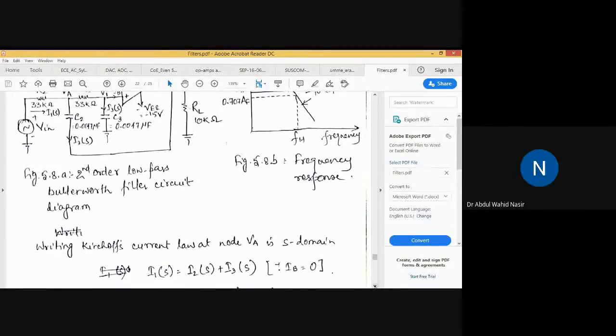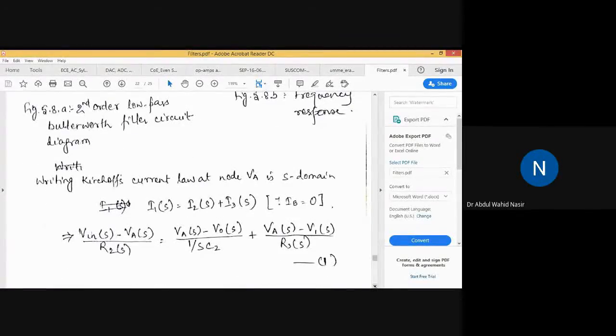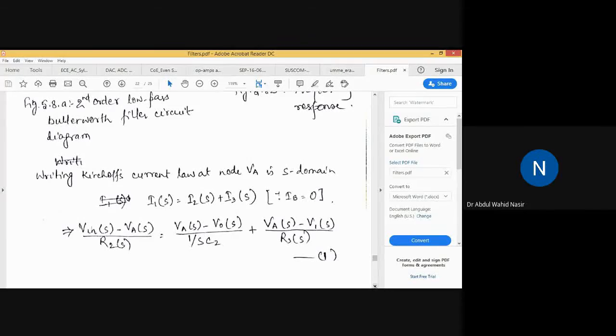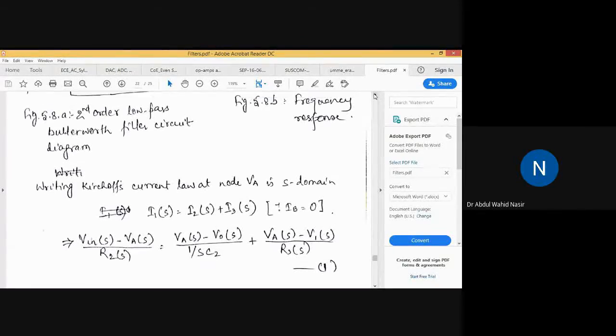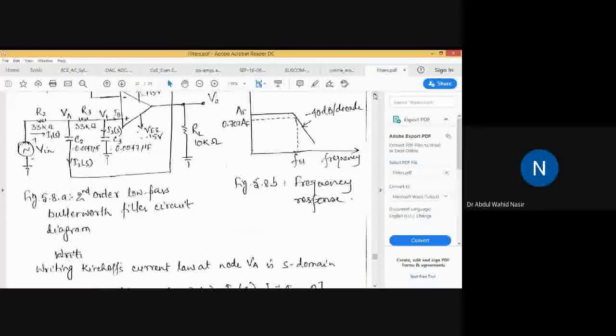Now you have to substitute the values of these currents by using the equations. So I1 is V in minus VA by R2, and I2 will be VA minus V naught by 1 by SC2. The current flowing here is I2. What is the voltage across this one? This one is VA and this is V naught.